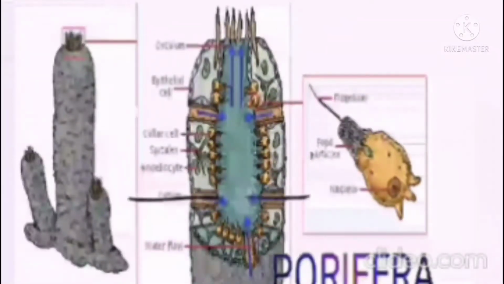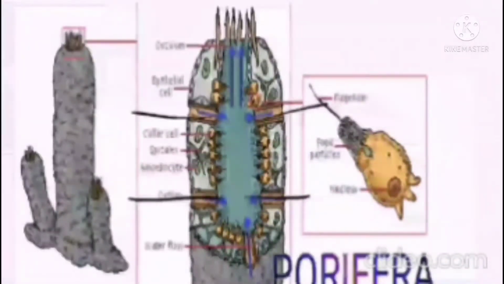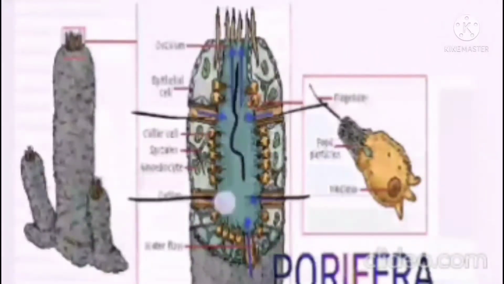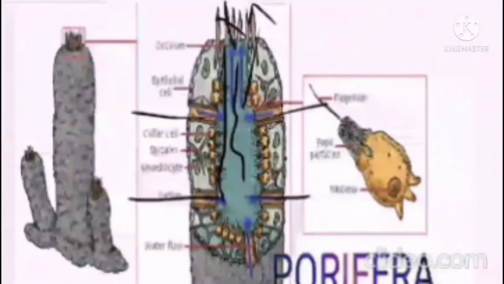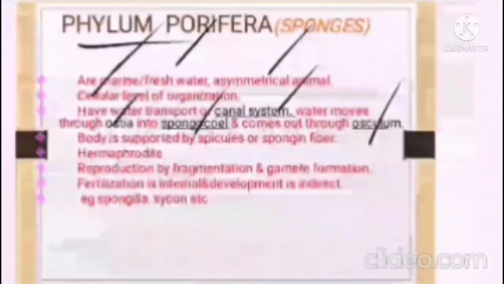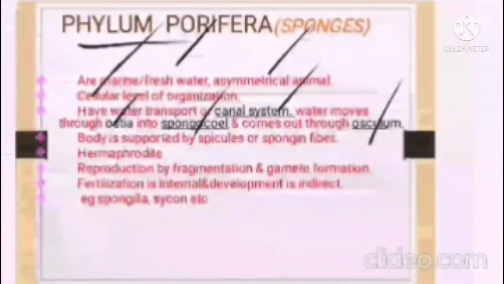Ostia. After moving in, the water is used by the cells for various purposes. After that, undigested particles, nitrogenous waste, everything along with the water moves out through a structure called the osculum. Okay. So that is how this Porifera carries out the process.